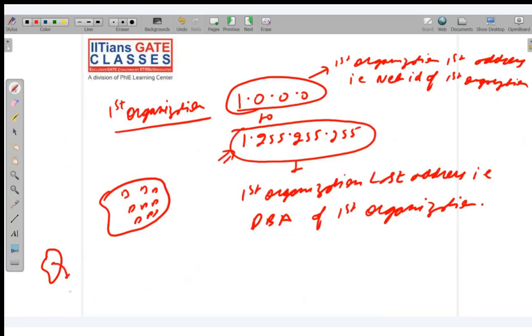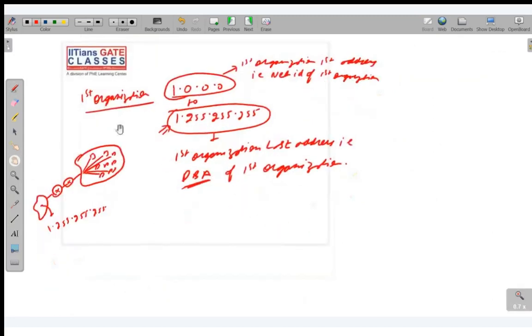If this computer uses 1.255.255.255, then after crossing all the routers, once it reaches this organization, it will go to each and every computer. That is the basic meaning. Directly you want to broadcast. That's why it will not be assigned to any computer. Any doubt here? No, sir.